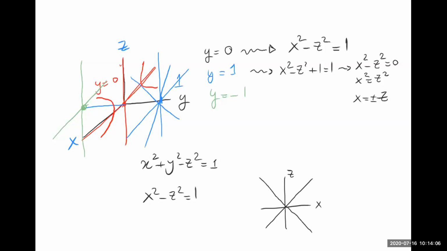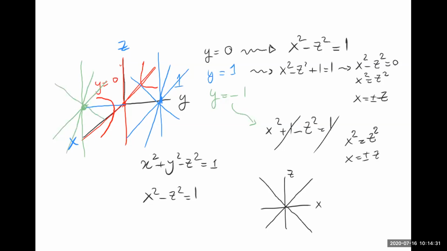And if we look at the green one, this one, what are we going to get? We are going to get x squared plus 1 minus z squared equals 1. Again, these two would cancel. X squared would be equal to z squared. If you take the square root, we get x equals plus or minus z. So in the green plane, we also get these two lines.